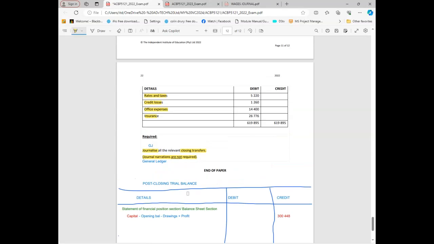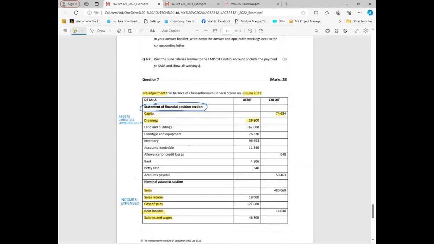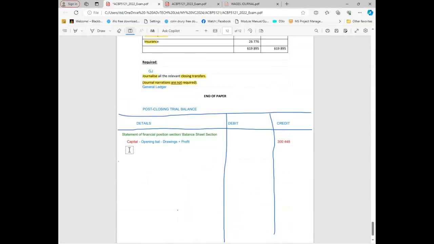So what we're going to do, remember, is take these remaining ones here. I said we only show this section. The first one is land and building. Can you see this one? How much is it?